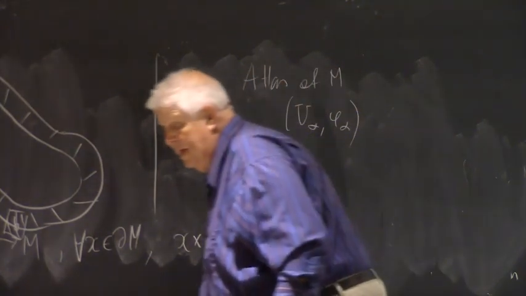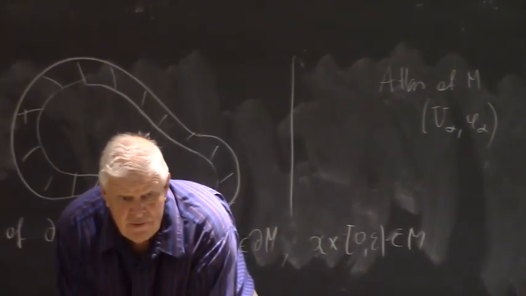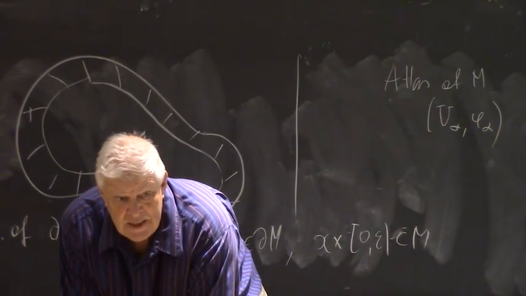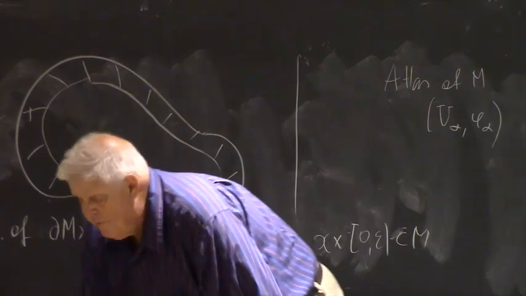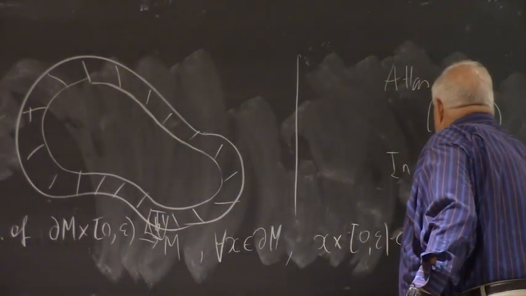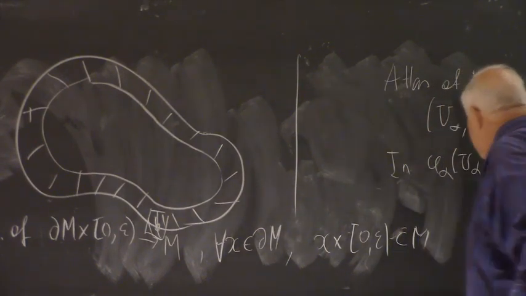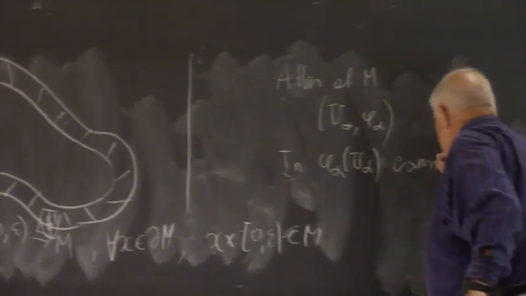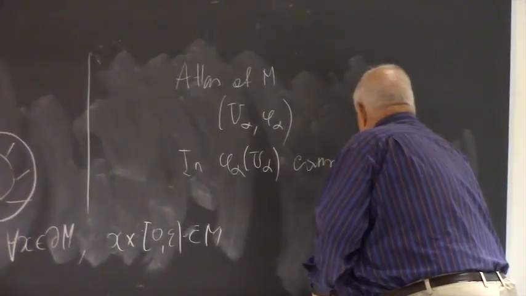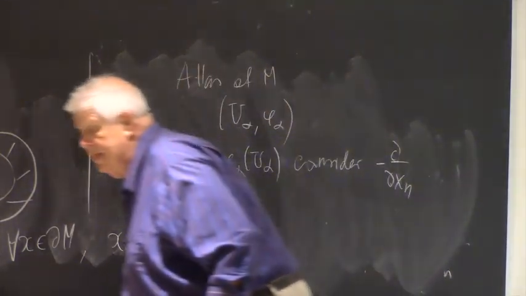Again, at every U_alpha, phi_alpha of U_alpha, I have functions x1, ..., xn, and in phi_alpha of U_alpha I consider the vector field minus d over dxn.